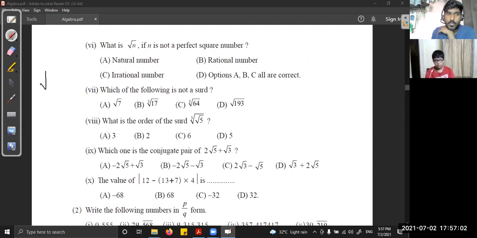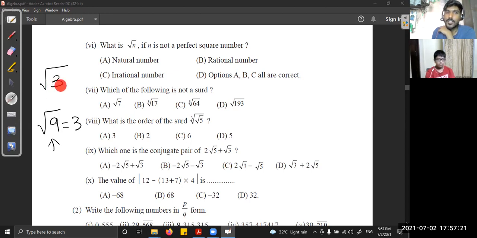Rational? What? See, if it is root 3, this is not a perfect square. 3 is not a perfect square, but if it is root 9, 9 is a perfect square, so this becomes 3. So this is a rational number. And this is a surd.